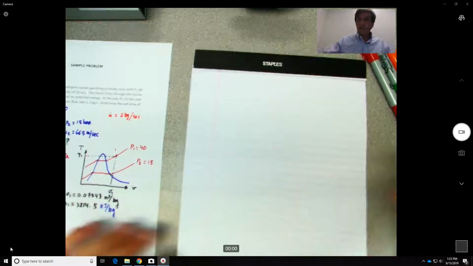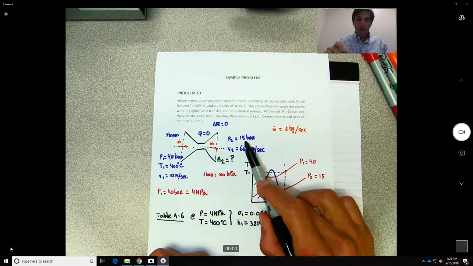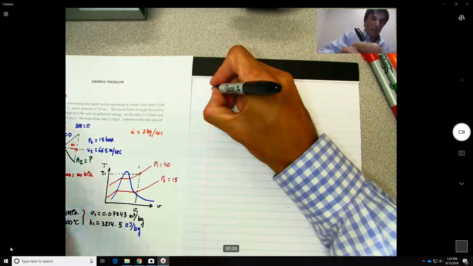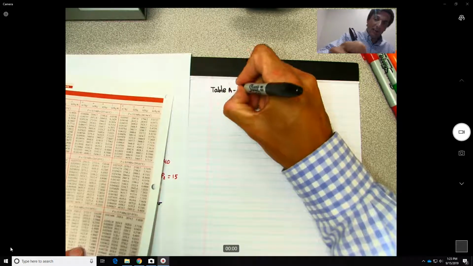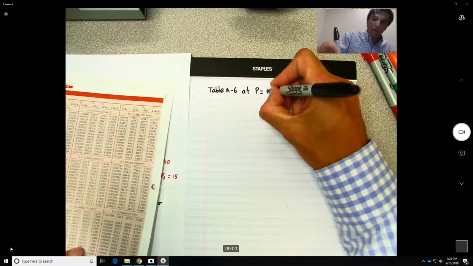All right, so let's see what we know about state 2. We know the pressure is 15, so we need to look at table A6 at P equal 15 bar.